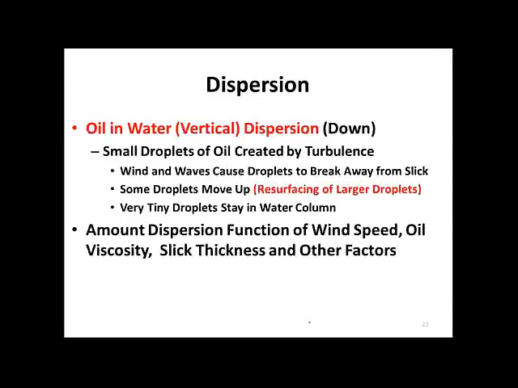And this happens when small droplets of oil are created by turbulence. For example, and I'm going to show you this in more detail, wind and waves can cause droplets to break away from the slick. They cause the slick to start breaking up into little droplets, all right? As they get mixed into the water, they start to move down by the action of the turbulence.